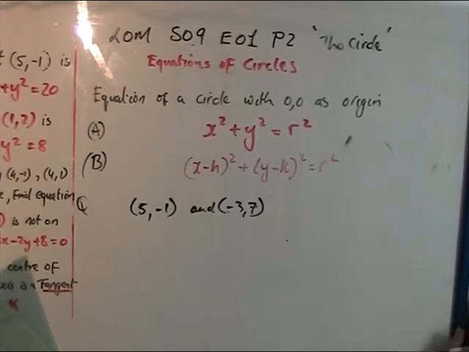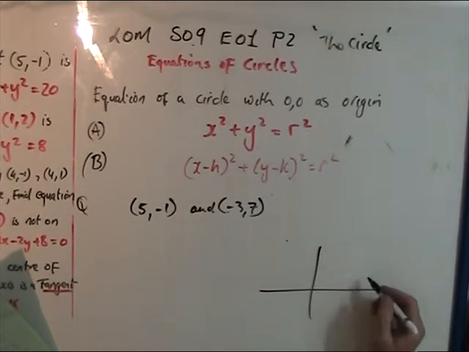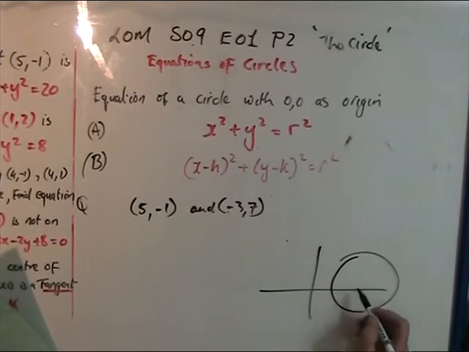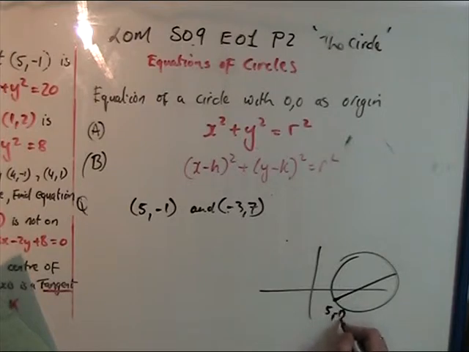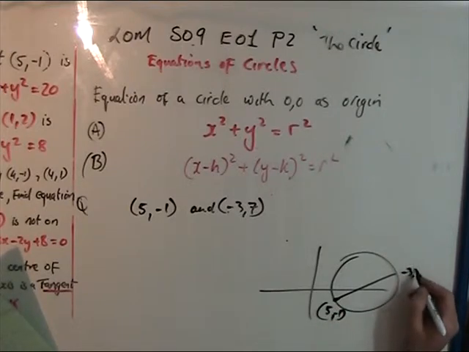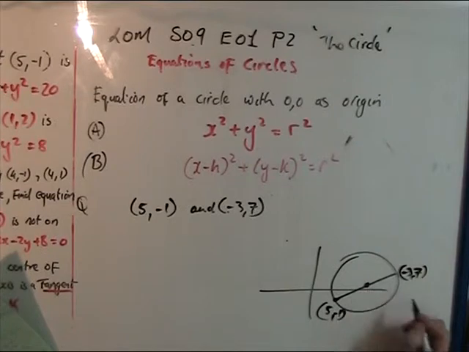I'm not going to draw it out because it's difficult to draw. We'll presume it's there. So we've got this point here, 5, minus 1, and the other point. The center is in the middle, so we have to find the midpoint of this line.